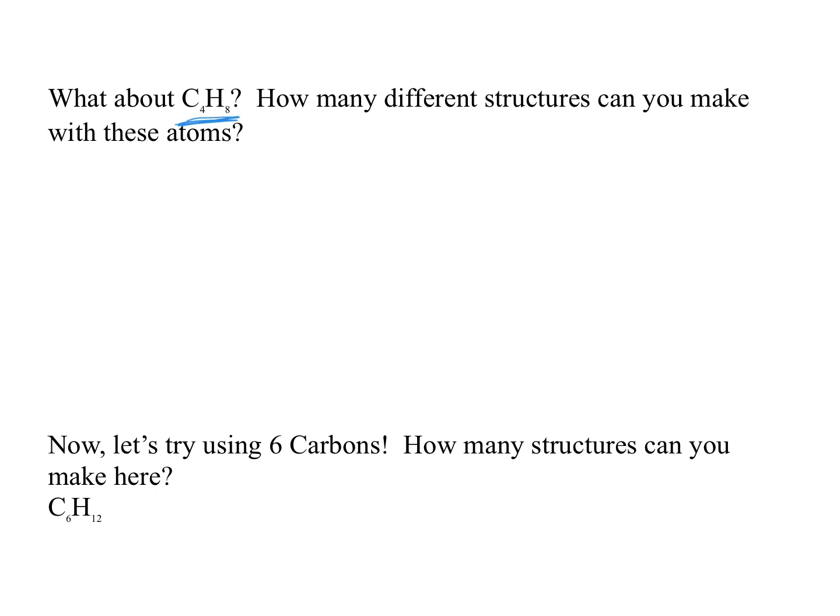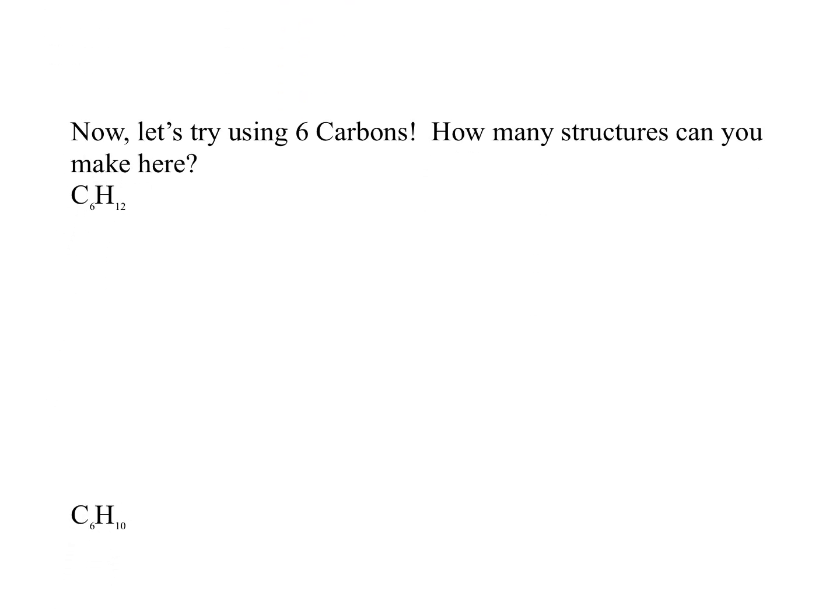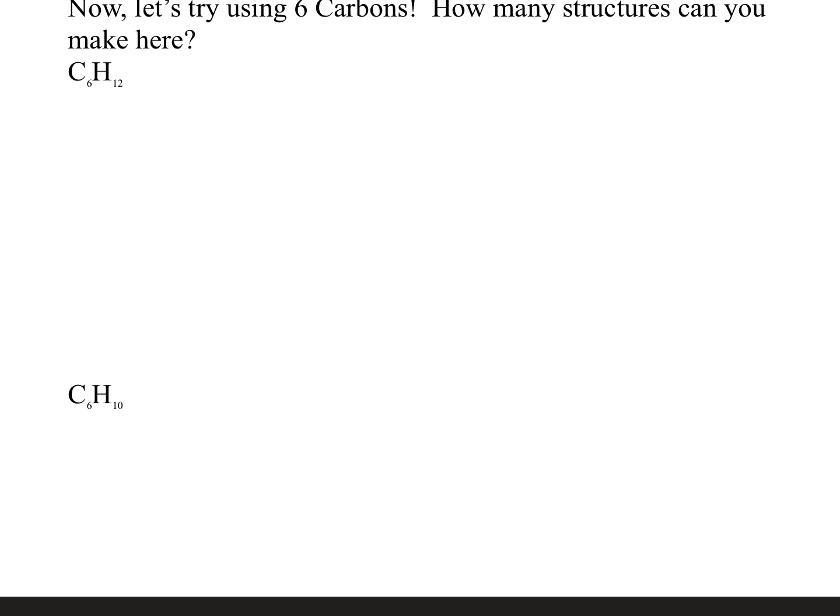C4H8 has a lot of other options that you can do here. See if you can try some of those. It does have 1 degree of unsaturation. So keep in mind, you can move where that double bond is located. There's a lot of different structures that we can make as we get to bigger carbons.